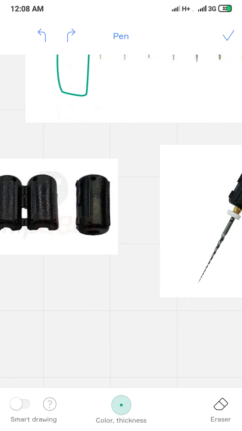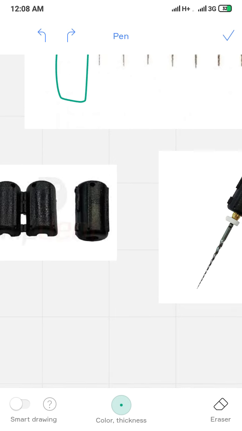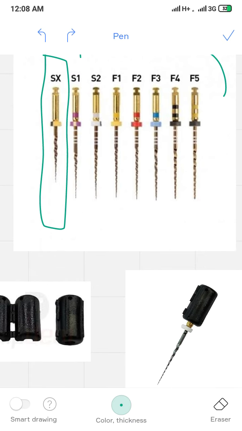But you have to remember that endomotors have a built-in safety system, and rotary files are best used with an endomotor. They are not suitable for hand use, and there is some risk of torsional fatigue, cyclic fatigue, and breakage of the instrument if you use them by hand.